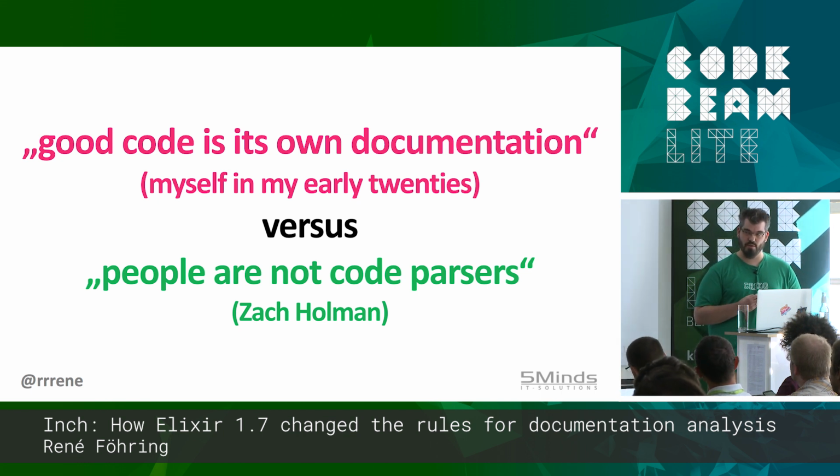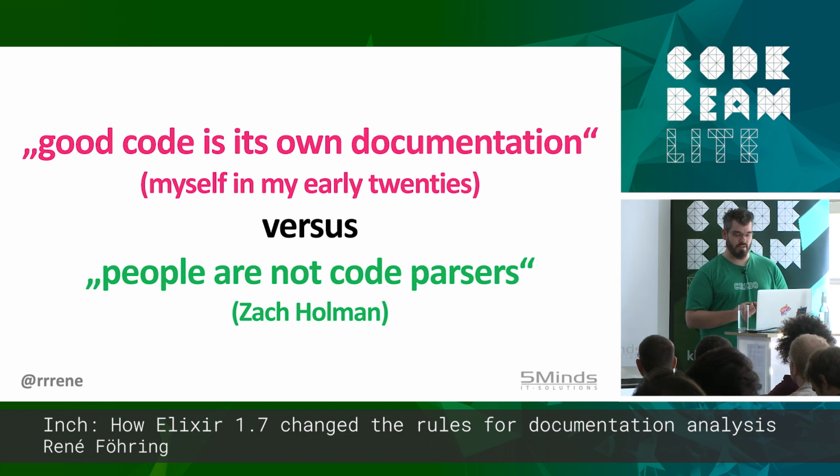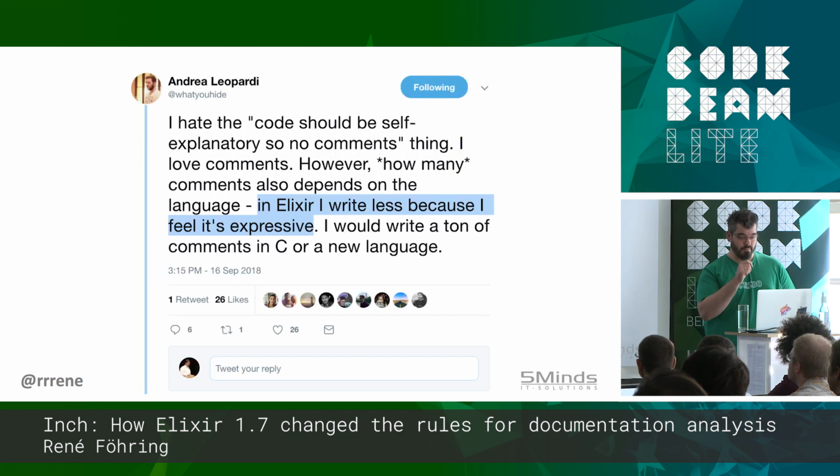This does not mean document and comment all the things. It just means explaining why another module was introduced or why the API is structured the way it is in plain English.